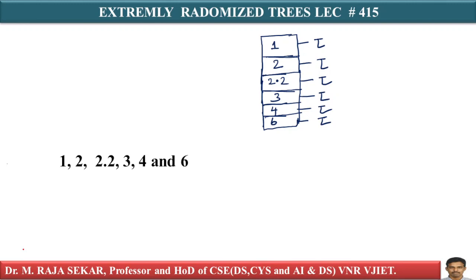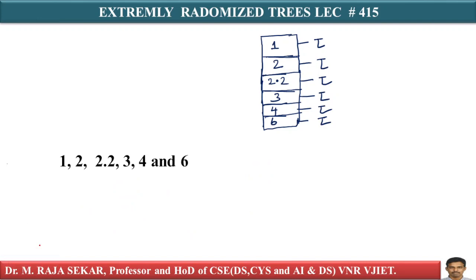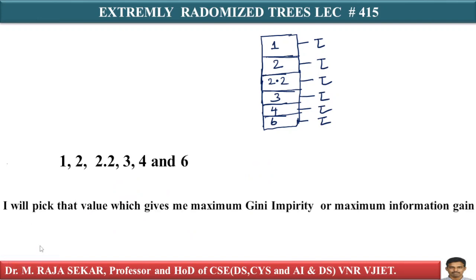We learned this when we learned how to handle real valued features, which I already discussed in my previous lecture. Just go through that. I will pick the value which gives me the maximum Gini impurity reduction, the maximum information gain, or the maximum reduction in impurity.